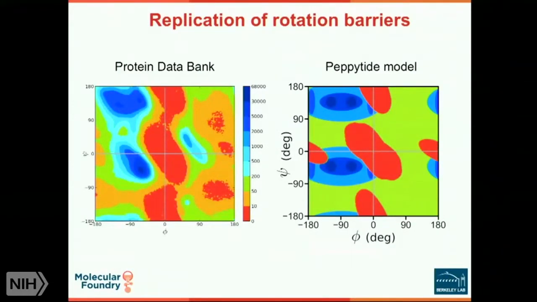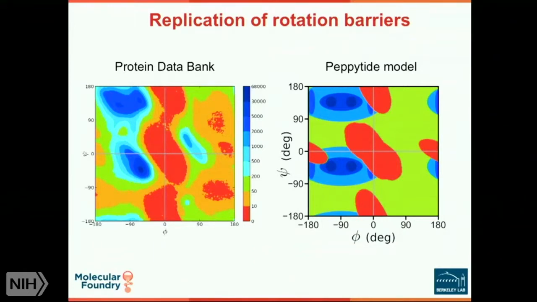Here's the Ramachandran plot I showed you before from the Protein Data Bank. Here's the model, and here's what we get from our crude magnet device. You can see it's not a perfect match, but it's a pretty close match. The blue is the more preferred bond angles, and our model prefers to rest at the same place as real proteins do.